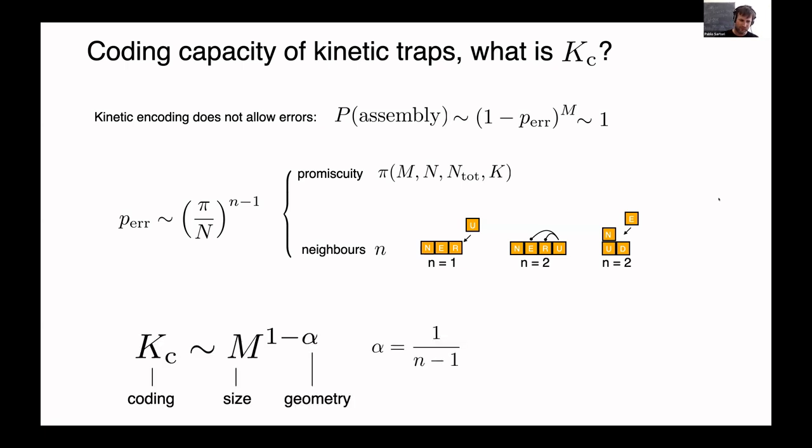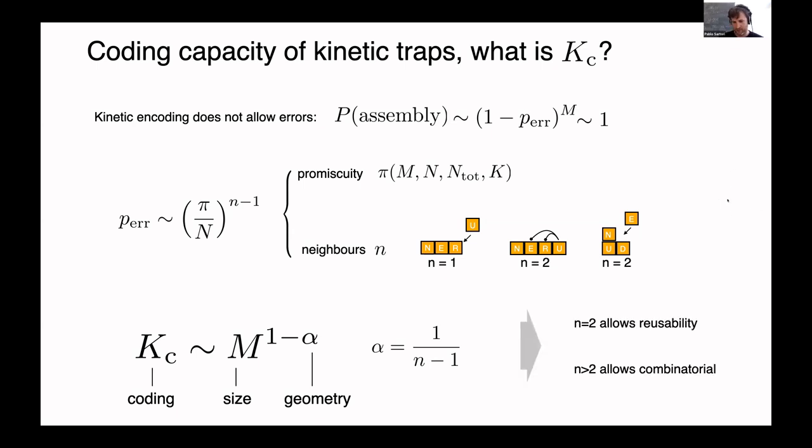And so what you obtain in the end is a relationship: by setting the assembly probability equal to 1 and calculating the scaling behavior, you have a relationship between how many structures you can have, which is some measure of coding, the size of these structures, and some measure of geometry reflected by this exponent alpha. And this exponent alpha is given by 1 over n minus 1.